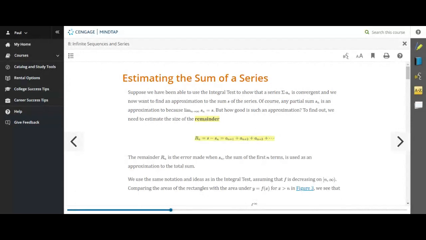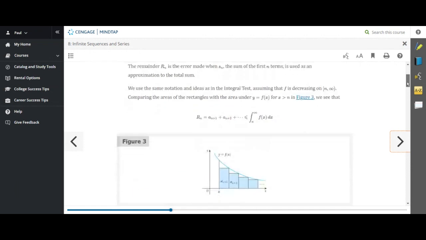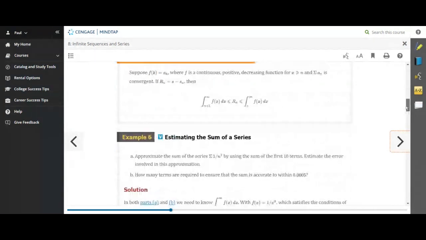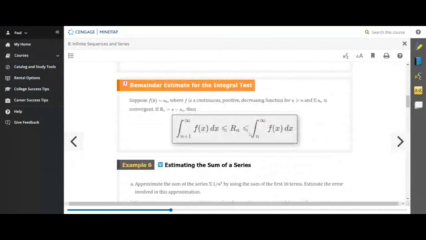So that remainder, the S, is the infinite series. That's what the S is. And this is the remainder estimate for the integral test.